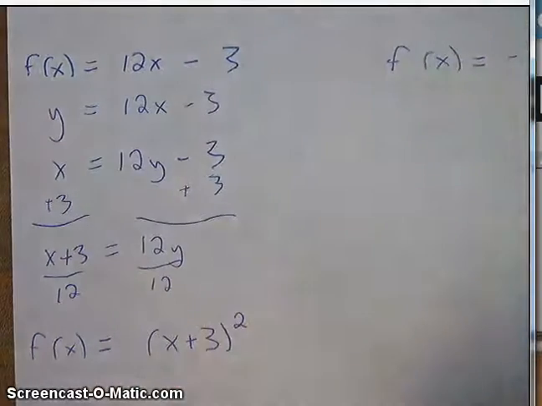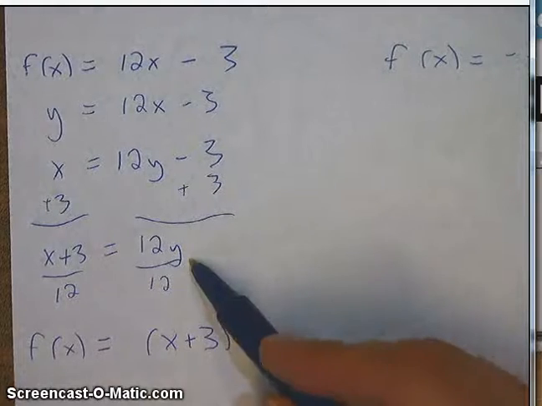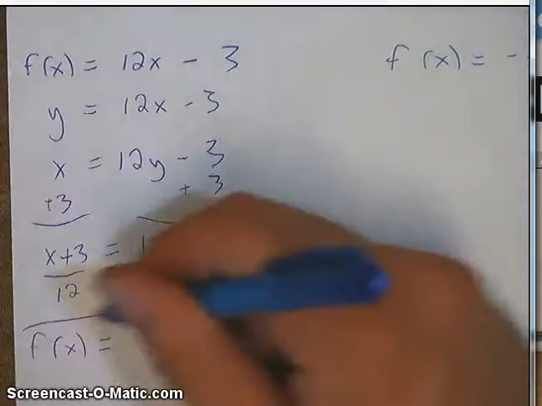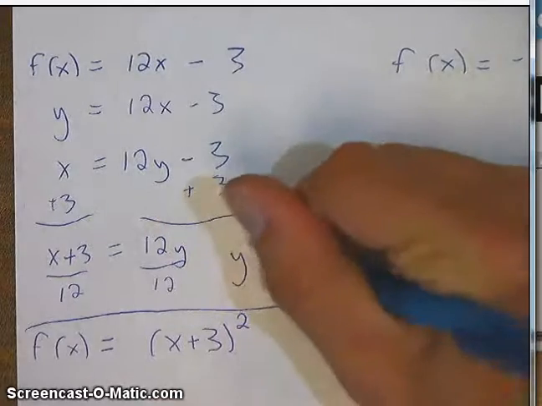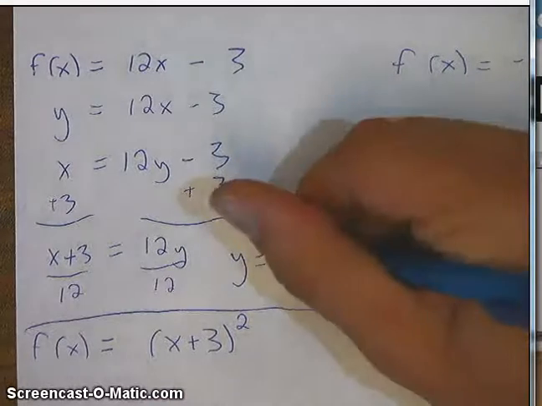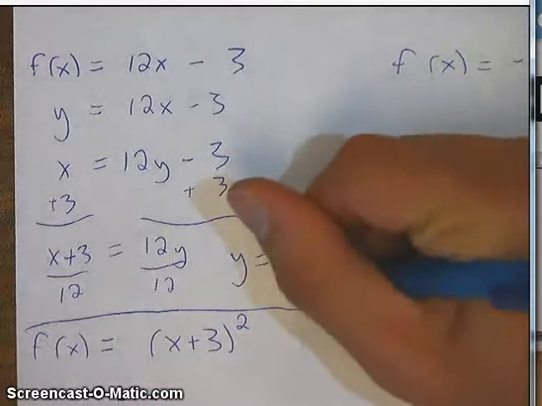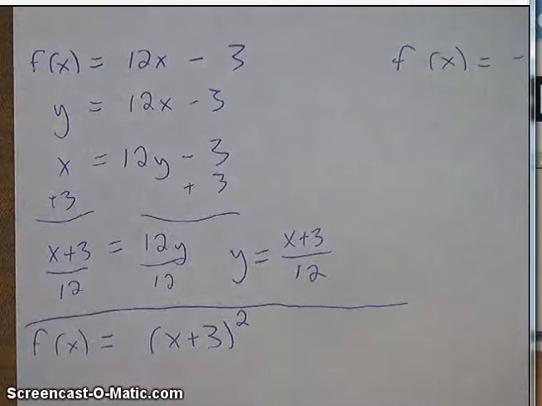I'm going to bring the y over here to the front. I'm going to make that y equals x plus 3 over 12. And this process has one more step. It isn't an inverse until you tell me it's an inverse.